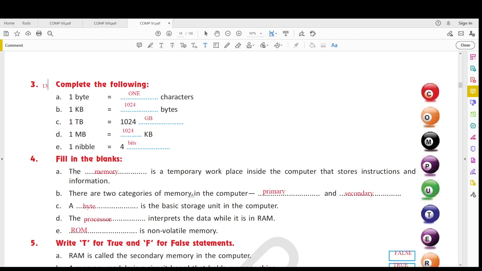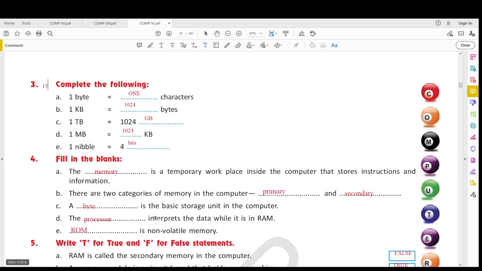There are two categories of memory in the computer, dash and dash, primary and secondary. A dash is the basic storage unit in the computer. A byte is the basic storage unit in the computer.